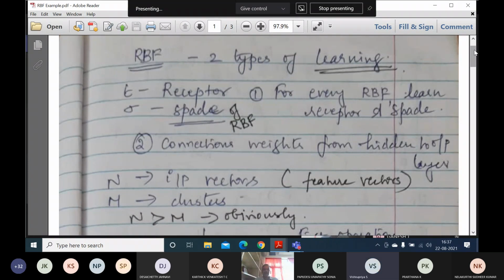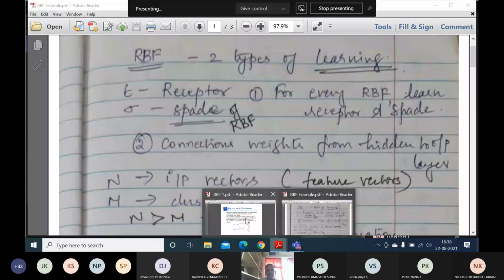Yes, sir. So in the case of RBF neural network, where are the basis functions available? The basis functions are available in the hidden units of the RBF neural network architecture.